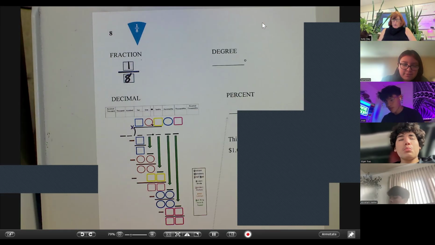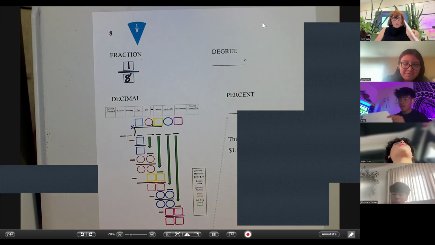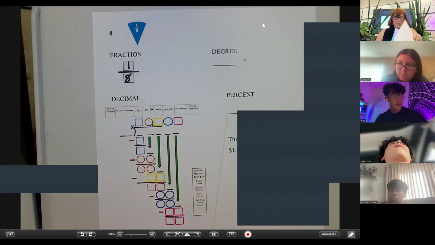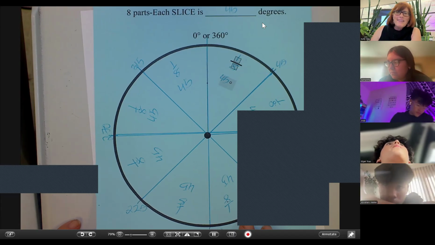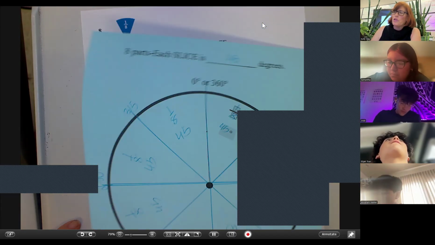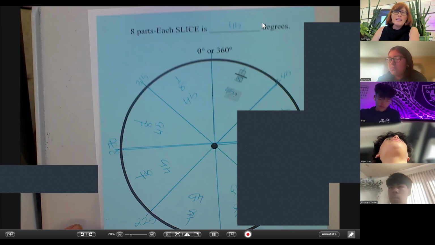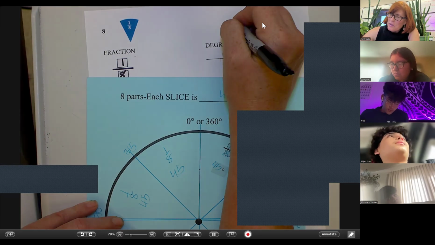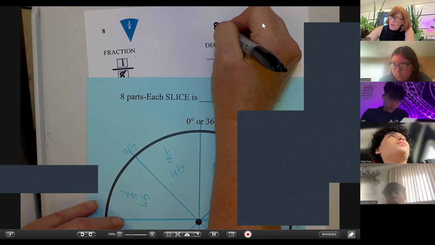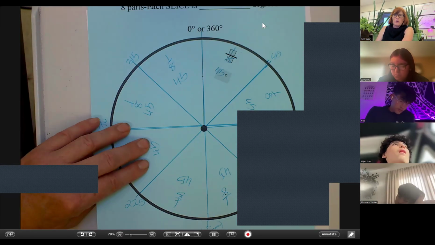And if you have your fraction circle, you should be able to answer this question already. Okay, look at your fraction circle. The question is, how many degrees are in the 8 pizza slices? It's basically 360 divided by 8. You have your fraction circles. Grab those.